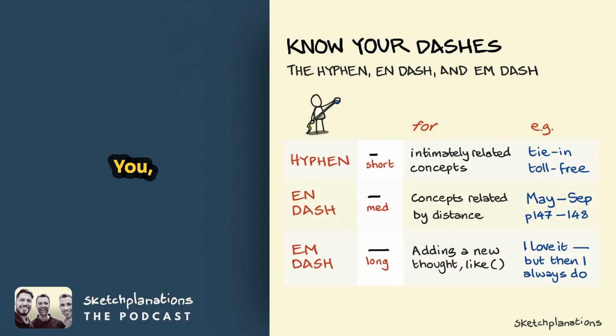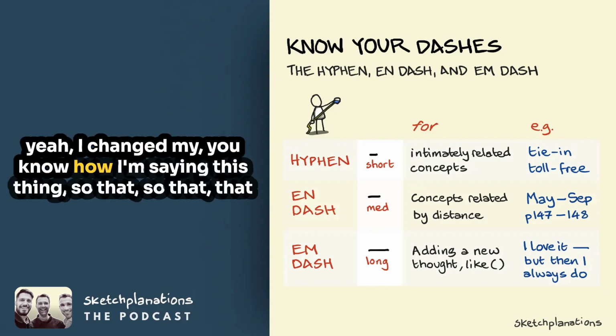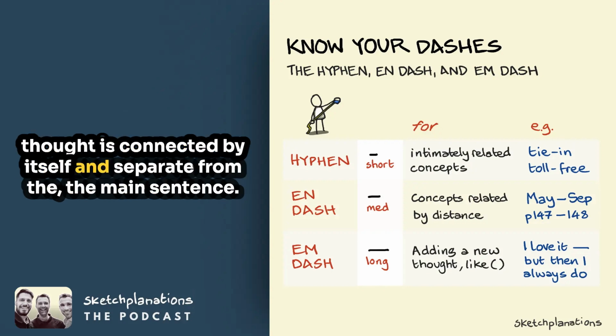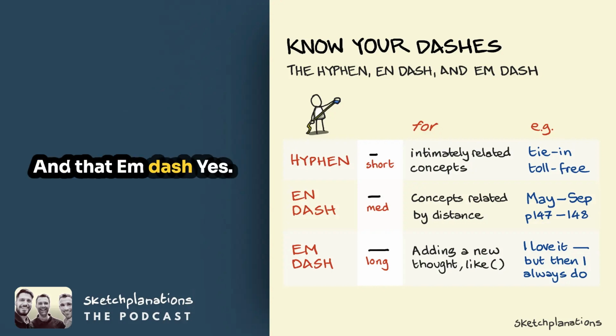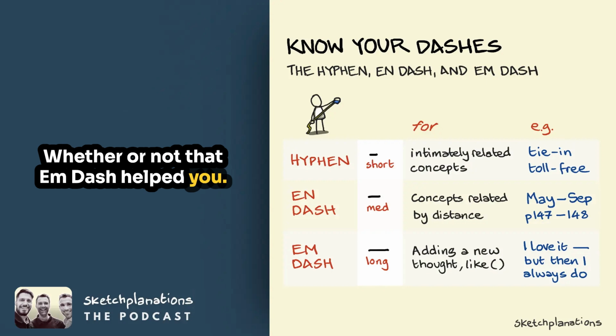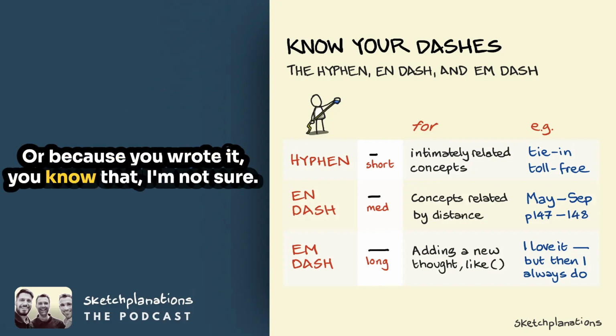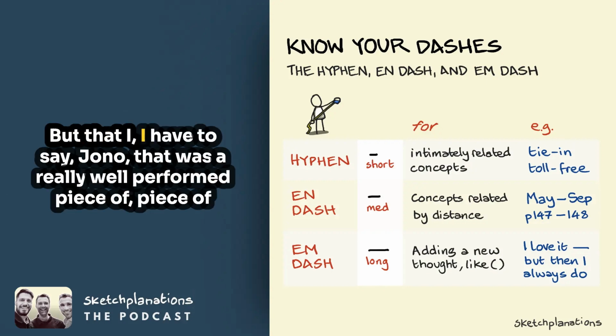Yeah, you changed completely. I changed how I'm saying this thing so that thought is connected by itself and separate from the main sentence. So that is the performance of that piece of written prose that you've got in front of you, right? And that M dash, whether or not it helped you, or because you wrote it, I'm not sure, but I have to say, Jono, that was a really well performed piece of script.